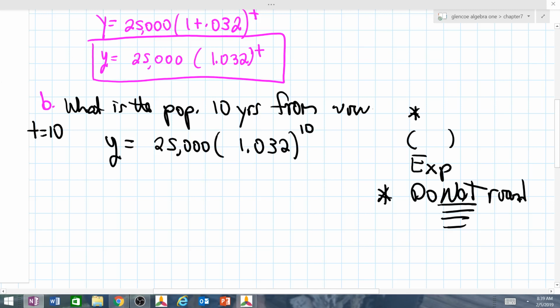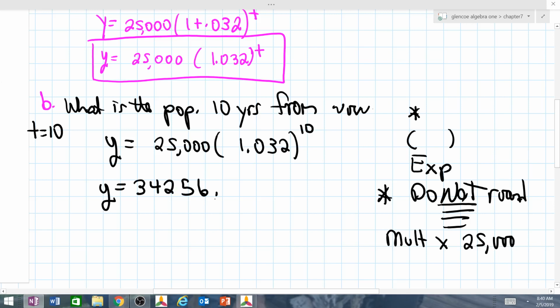Yes. Okay. Do not round. So you're going to go parentheses, exponents, do not round, and then you are going to multiply that times 25,000. So everybody multiply that times 25,000. And we should get y equals 34,256.03 if we were going to round that.